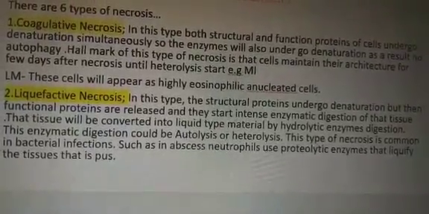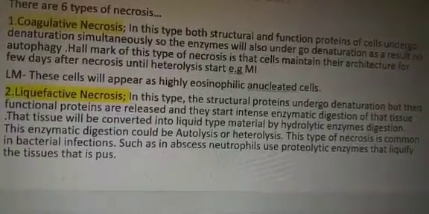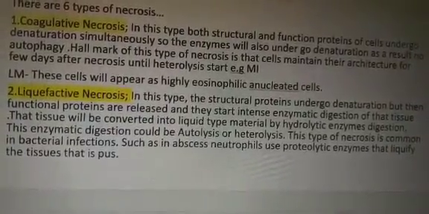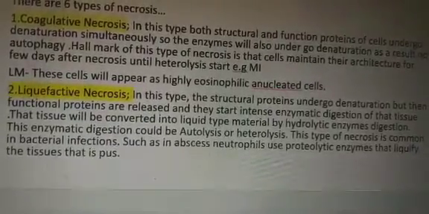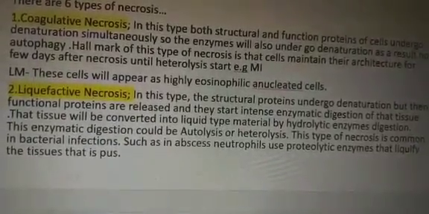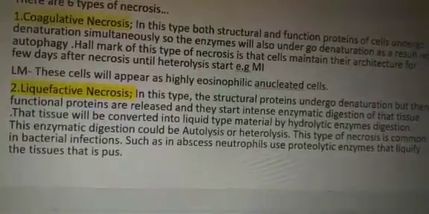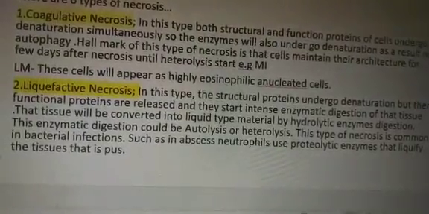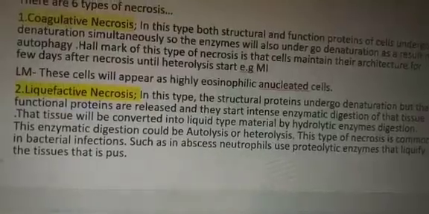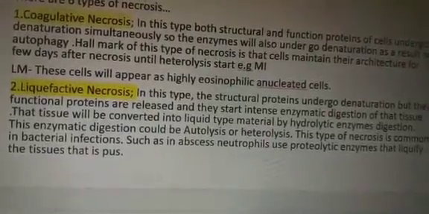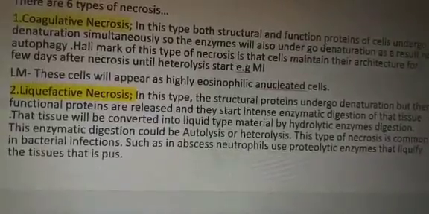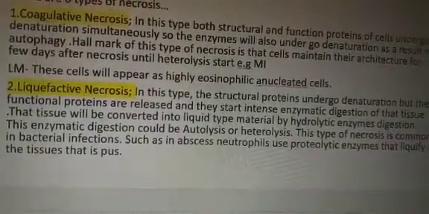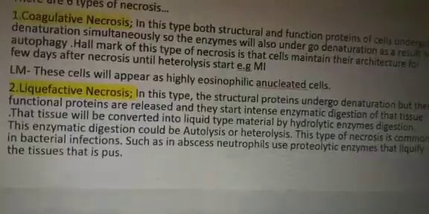They will convert the tissue into a liquid-type material, and at the end we see a liquid-type material, hence the name liquefactive necrosis. This enzymatic digestion could be autolysis or hydrolysis, meaning it could be the cell's own enzymes or enzymes from outside.